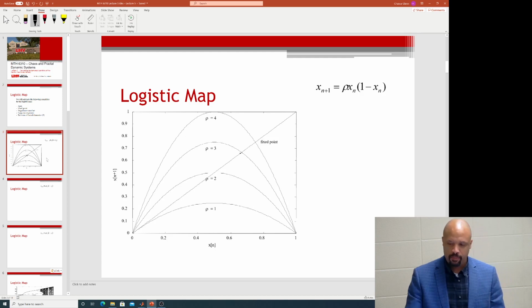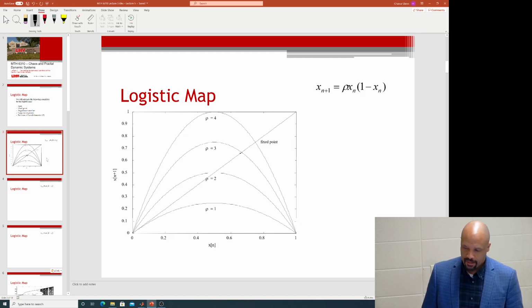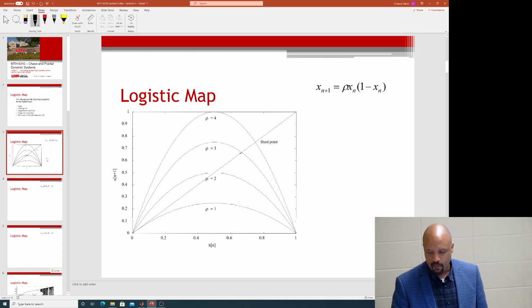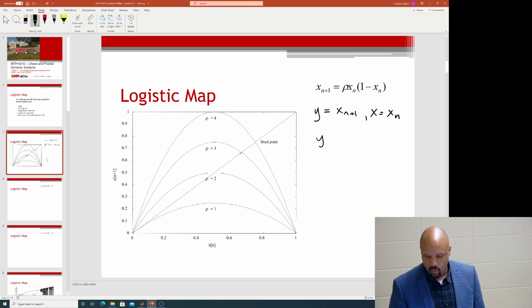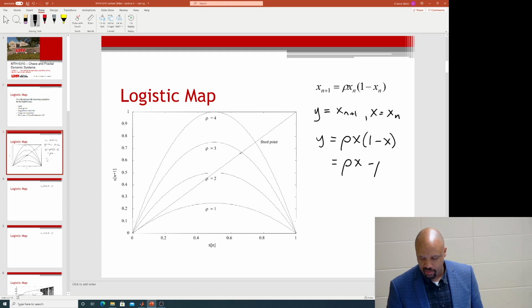So let's start in the first place. As you remember, this is the equation, and I went ahead and said, let y equal x of n plus 1, and I let x equal x of n. So that way now you can write this as y equals rho x times 1 minus x, which equals rho x minus rho x squared.